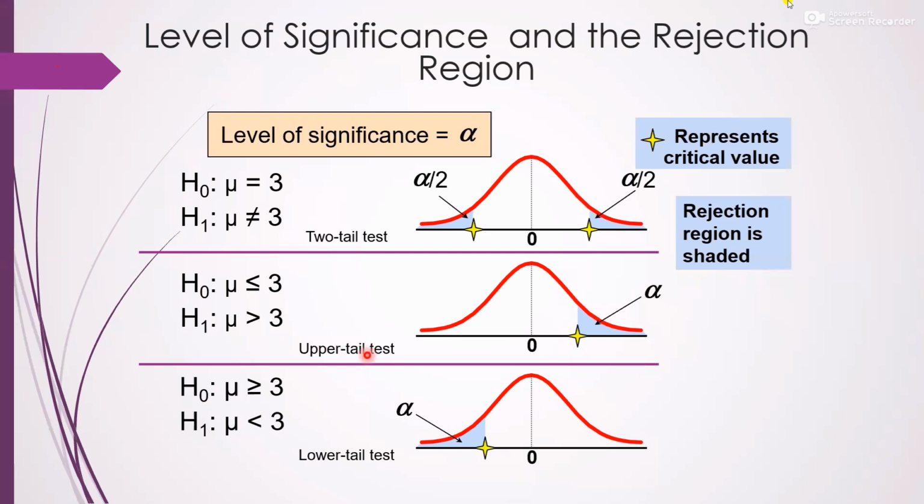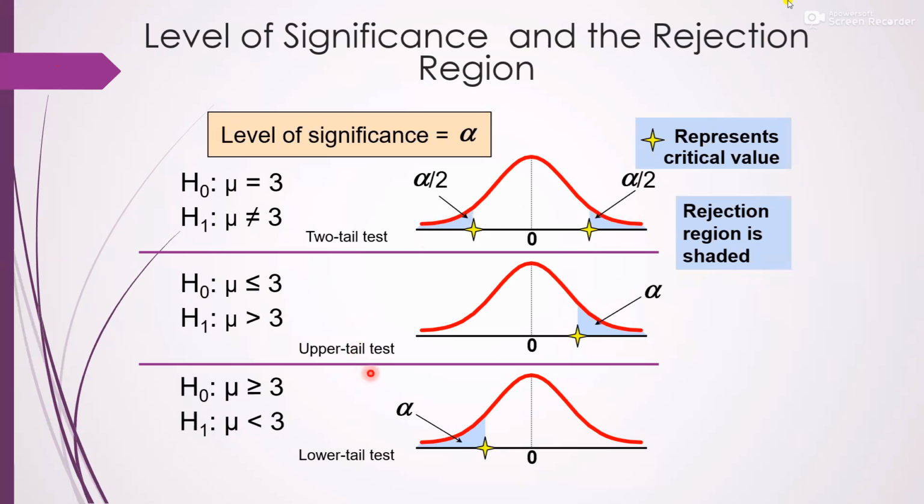For the upper tail test, greater than, then you have to mark the right tail. So the upper tail test is also referred to as the right tail test. The right hand side of the diagram will be marked, and that is alpha. Here, if the level of significance is alpha, for the two tail it will be divided into alpha by 2, alpha by 2.